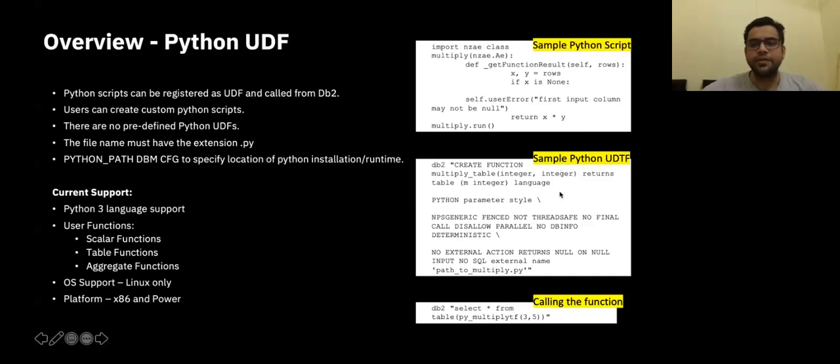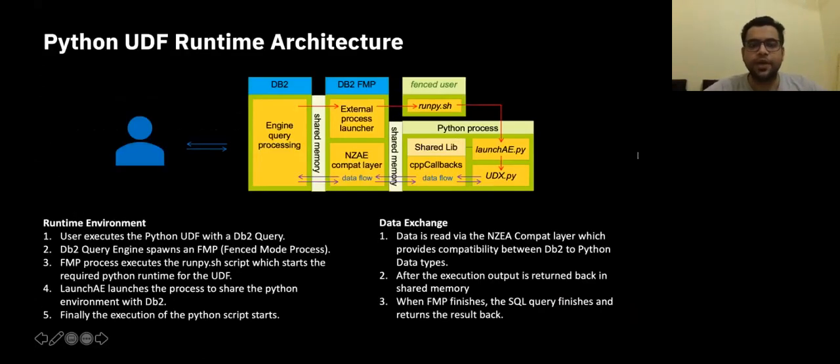So let's look a little bit deeper at the Python UDF runtime architecture. The reason for that is because I've come across a few customer discussions where they would like to understand how the Python UDF actually gets executed and implemented. If you see the figure here and go from left to right, when an end user tries to execute the Python UDF that they have created, it gets submitted to the engine query processing.